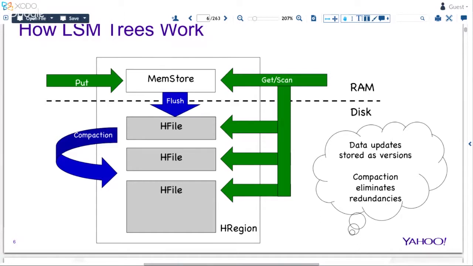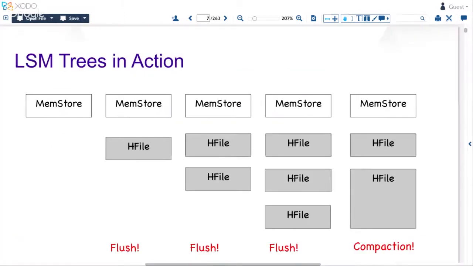Every once in a while, a process called compaction kicks in, because we want to keep the number of HFiles low, basically to reduce the read latency. This process rearranges the HFiles. It merges them into larger files.